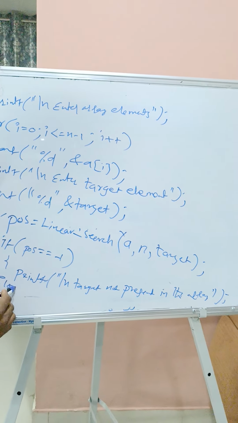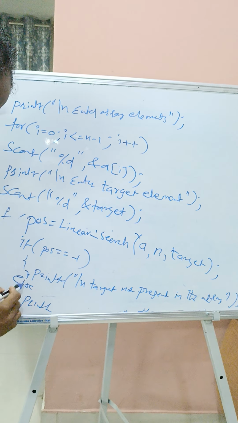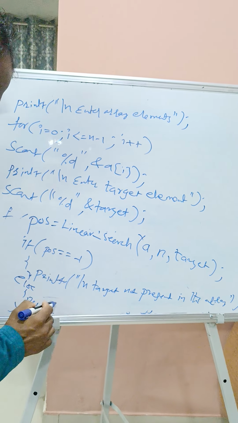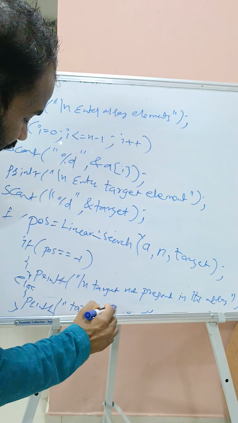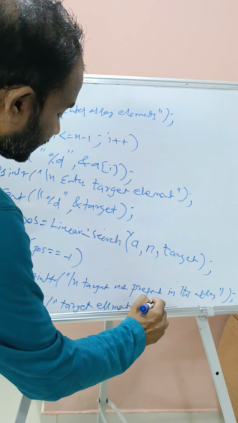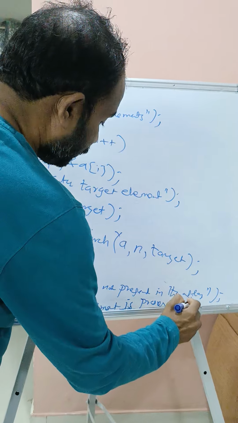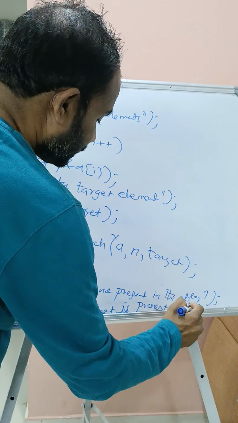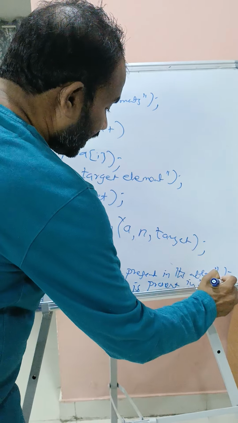Else, the printf statement is "target element is present in position %d", comma position.